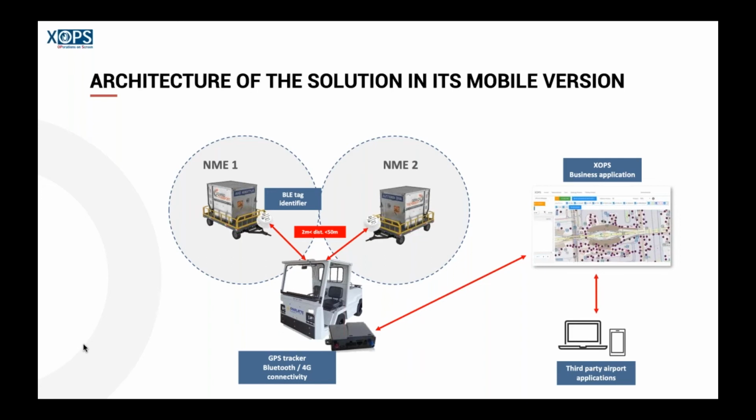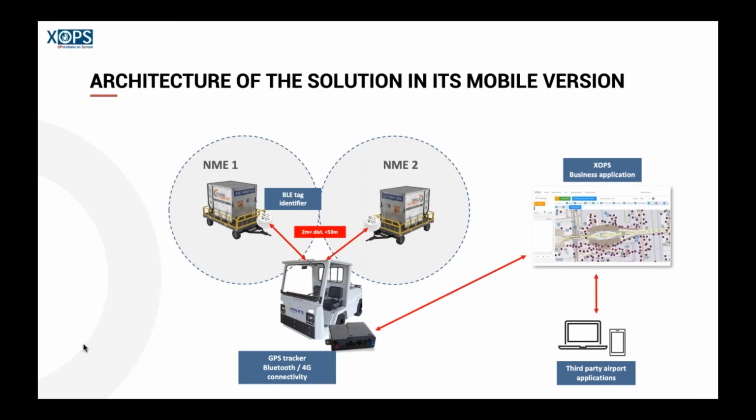We have a high frequency of emission, and we also wanted a long life cycle for the battery. The only solution we have is to secure a Bluetooth detection between our motorized equipment and the non-motorized equipment. We can configure it between 5 meters and 50 meters as we want. This can be done over the air on the box.